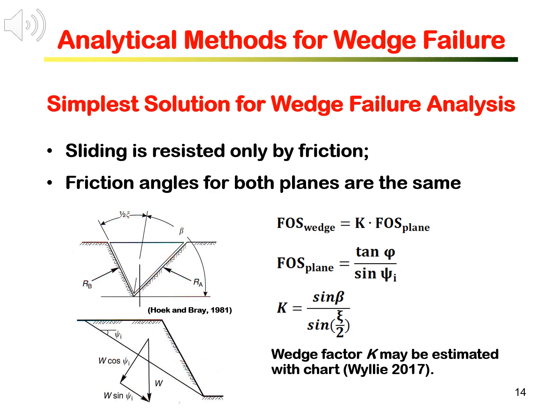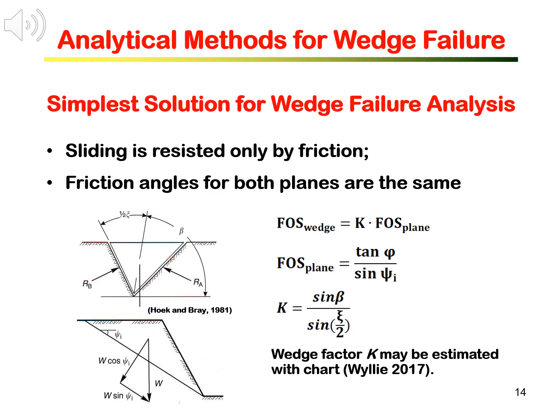Here is the simplest case, with the simplest solution for wedge failure sliding on two planes of same surface frictional angle. To further simplify the analysis, sliding is resisted only by friction. No cohesion is considered.